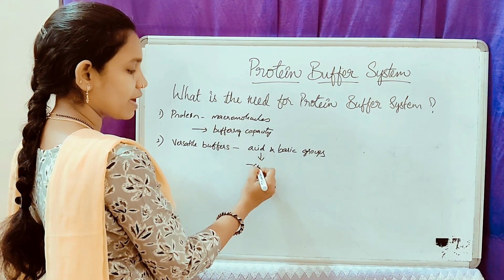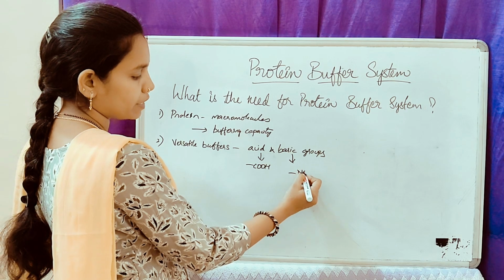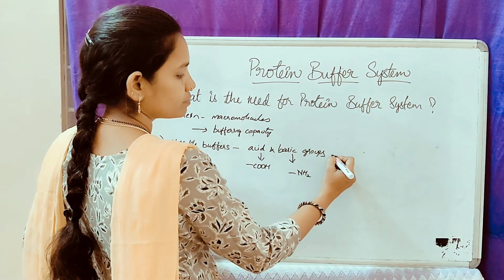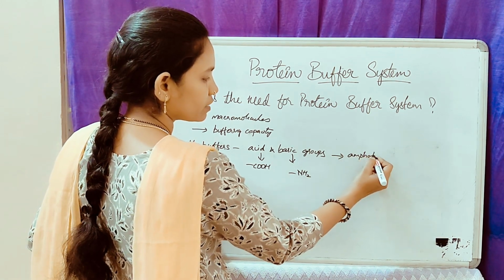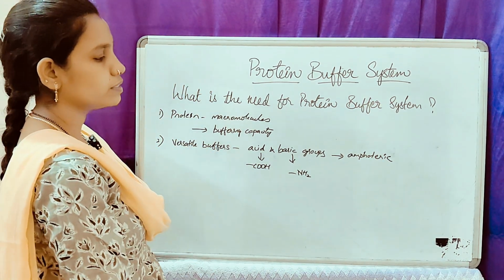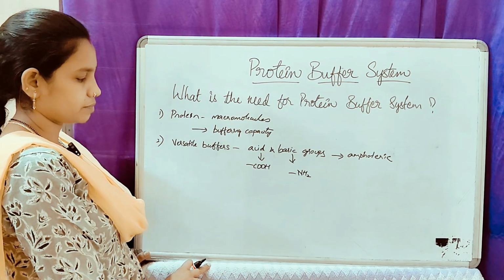Acidic means they have carboxyl group. Basic means they have amino group. This makes them showing which nature? Amphoteric nature. Having both the groups. Means here proteins act as both acid and base.